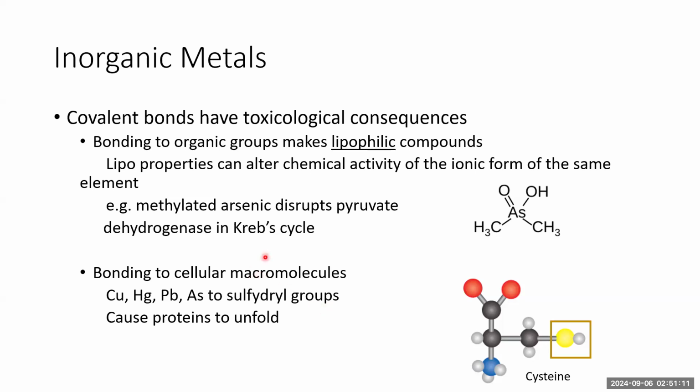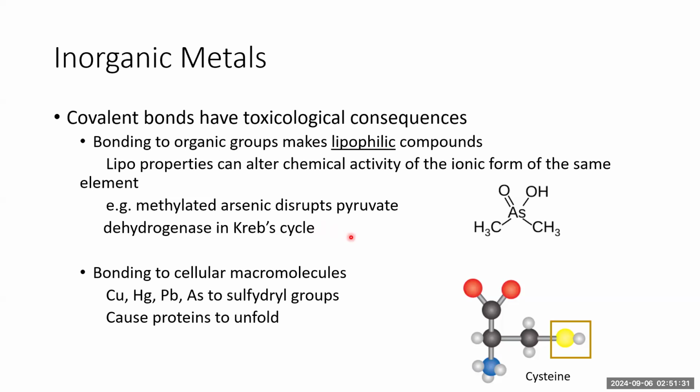One of those key examples of metals interacting with proteins and enzymes, malforming them, making them not work, comes to us from pyruvate dehydrogenase. And I can just say pyruvate dehydrogenase and everyone says, whoop-de-doo. Who cares about pyruvate dehydrogenase?